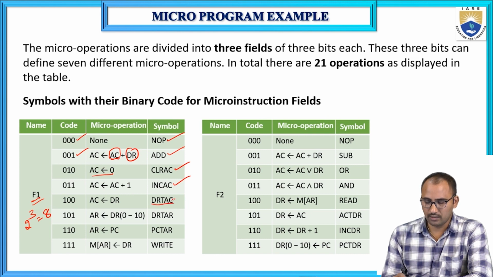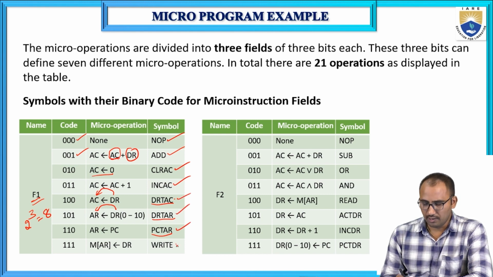DR to AC, that means transferring data from the data register to the accumulator. DR to AR, transferring the data from the data register to the address register. Next, PC to AR, transferring the data from the program counter to the address register.